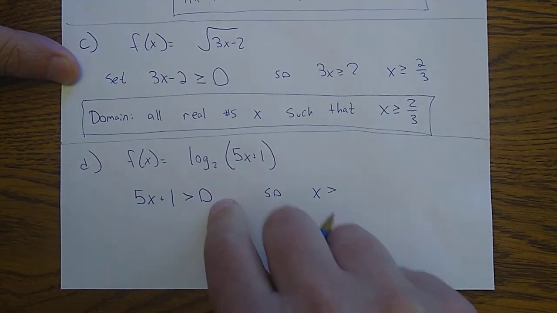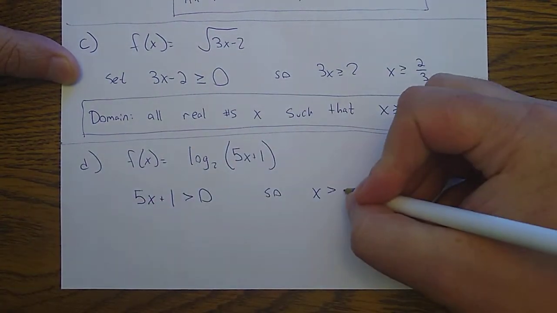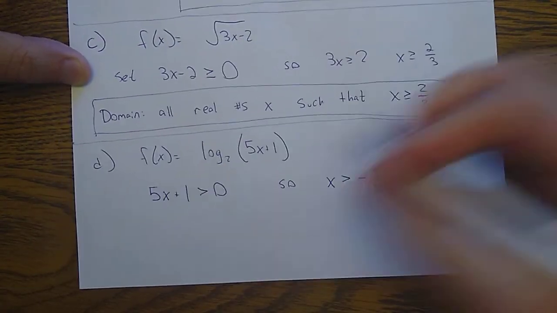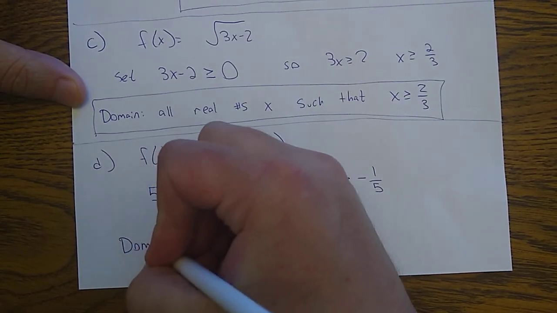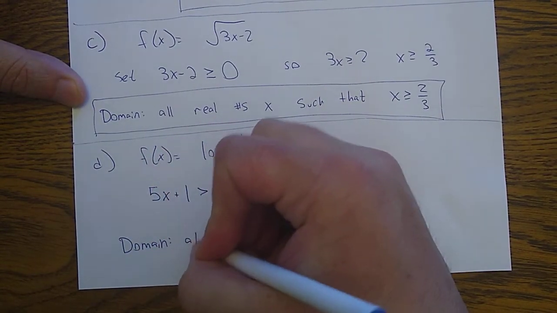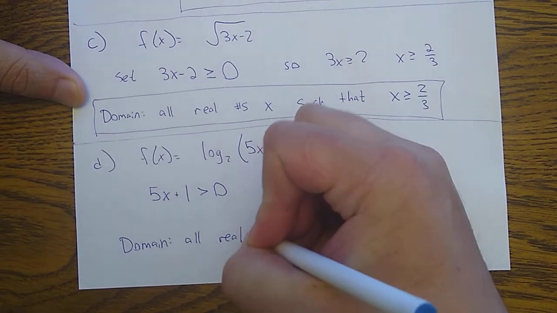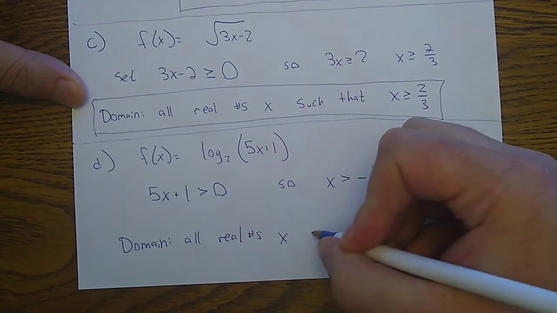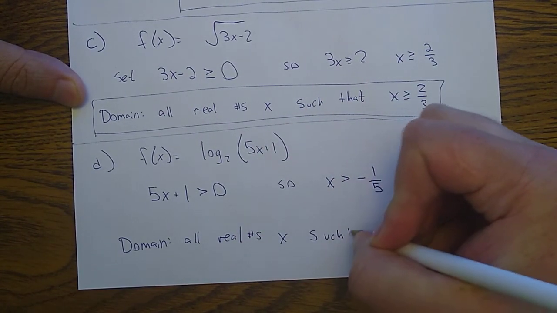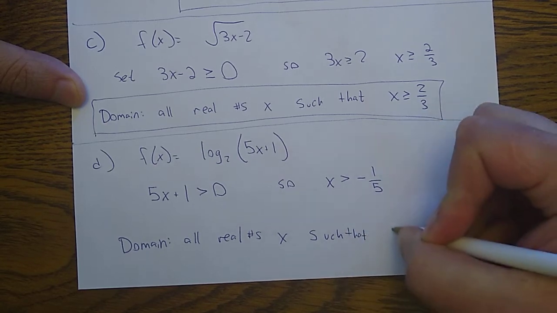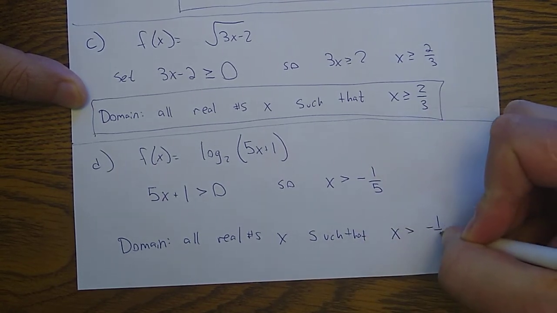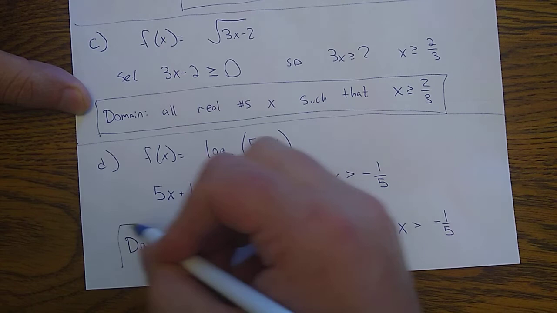I would subtract the 1 and divide by 5, so x is greater than -1/5. So the domain is all real numbers x such that x is greater than -1/5.